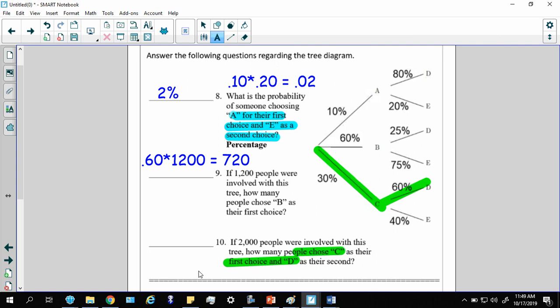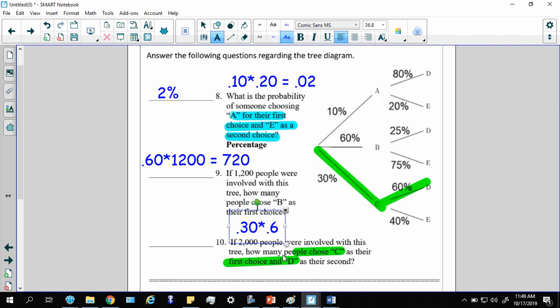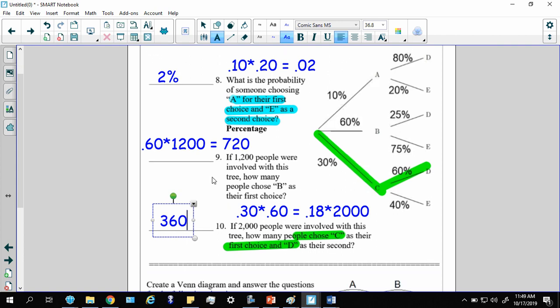Off to the side here, that is 0.30 times 0.60, which I believe is 0.18. And then I want to take 0.18 and times it by 2,000, and my answer ends up being 360 people. Okay, remember, find your percentage, then times it by the number of people.